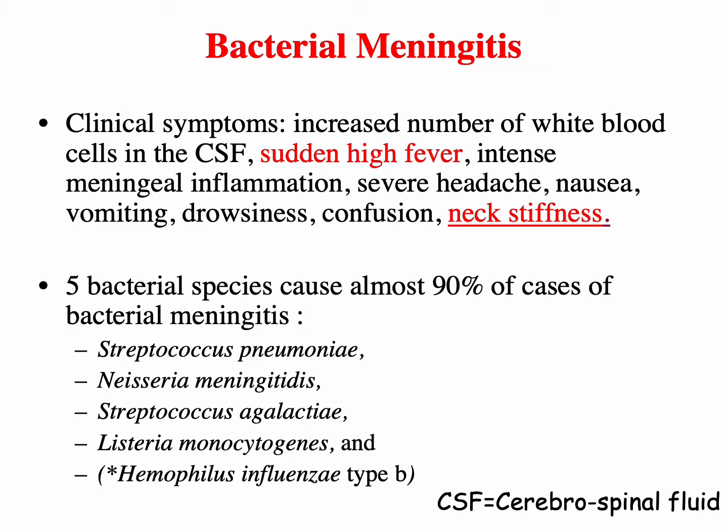That fluid will be sent to the lab in the hospital. They do the cell count, the white blood cell count. There will always be an increase in the white blood cells. That makes sense because that indicates there's infection. Your body recruits white blood cells, trying to fight it off. They also do other chemistry on the CSF, like the protein level, glucose level, that sort of thing.